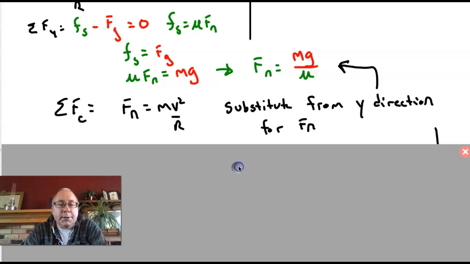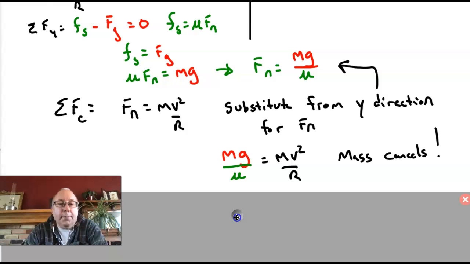So let's come back to our centripetal formula, realizing that the normal force is the only force in the centripetal direction in this case. So that has to equal our mass times centripetal acceleration. So we can now substitute what we've learned from the y direction into our centripetal formula.